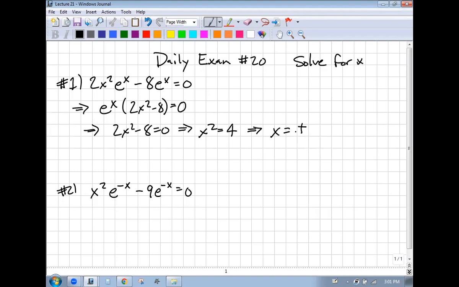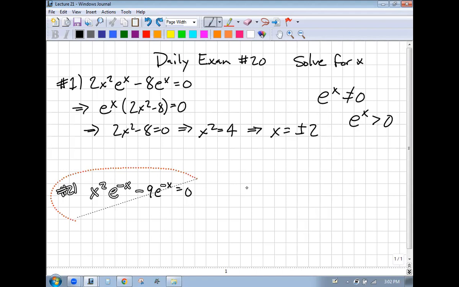So x has to be a positive or a negative square root of 2. The e to the x actually doesn't affect that at all because it is never 0. It's always positive. Exclusively positive. Notice I did not put equals. It's always bigger than 0.